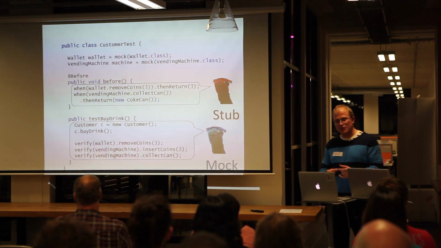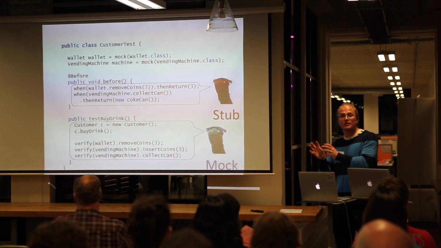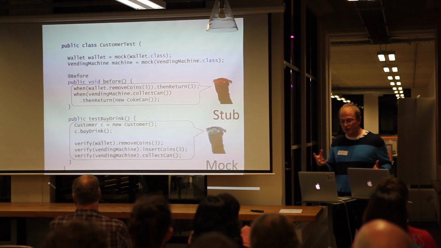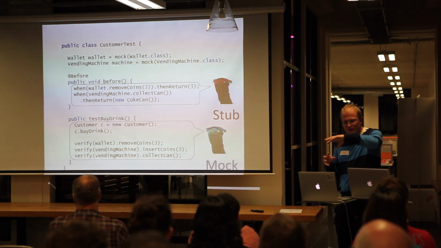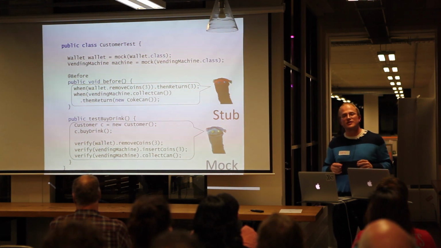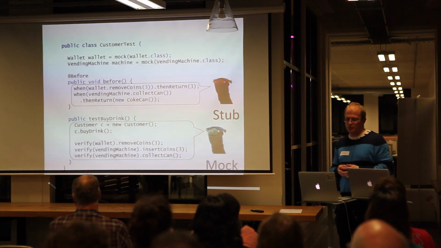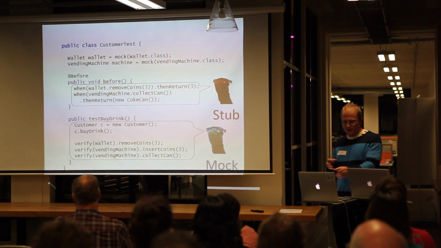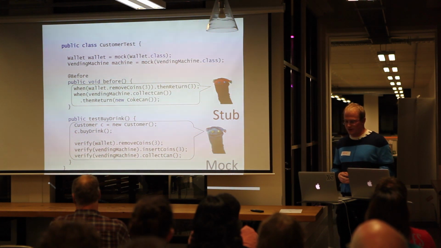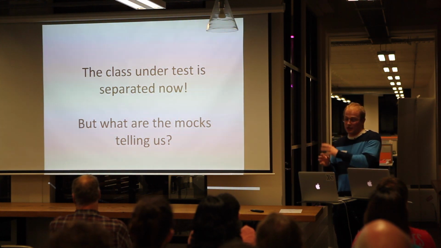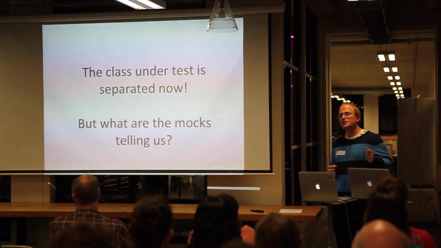We rig the vending machine to return a particular can in the tray. And then, as a way of testing whether it's worked or not, we sniff around the wallet and vending machine and see if those methods were called with the right input. Remove coins 3, insert coins, and so forth. So we've separated the class under test now from its collaborators. But what are the mocks telling us?